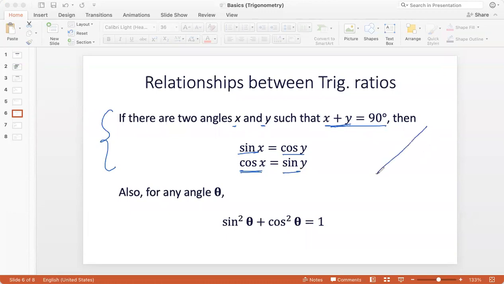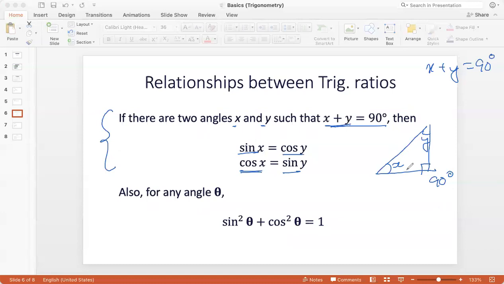And you can see that this is quite obvious because if I have a right triangle and if this is X and this is Y, then by the property of a triangle that the sum of the three angles is 180 degrees, X plus Y has to be 90 degrees.